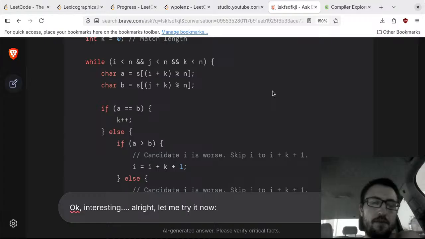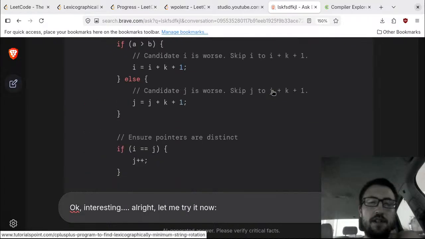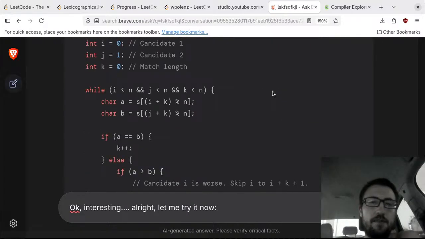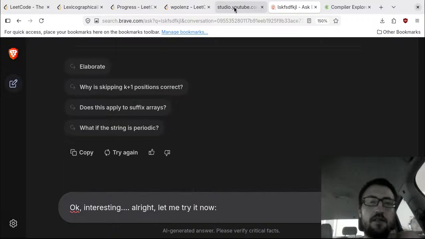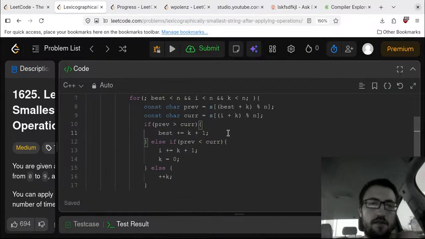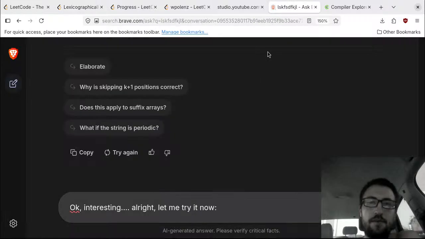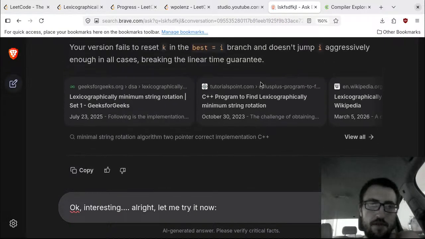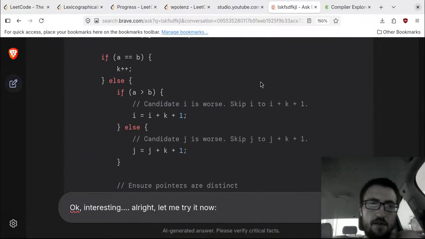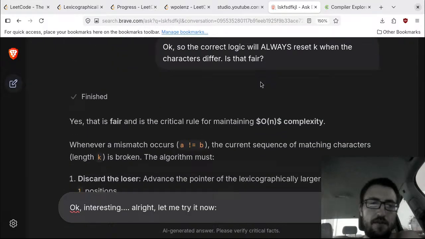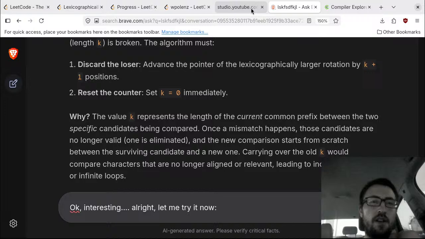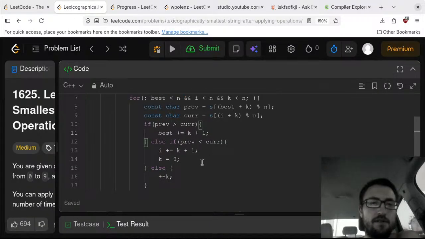A is greater than B, A is less than B. And they said A is going to be best. And so they jump I forward. I equals I plus K plus 1. Yeah, that's what I have. And in both cases, I set K equal to 0.